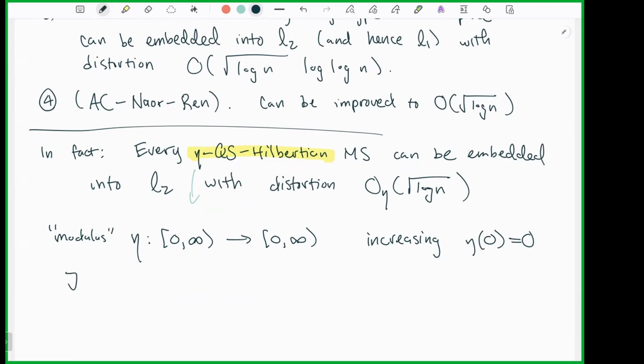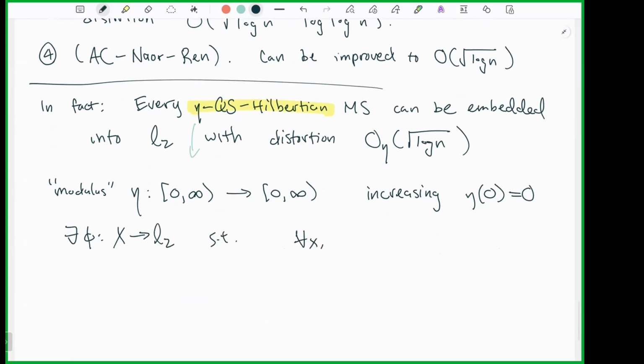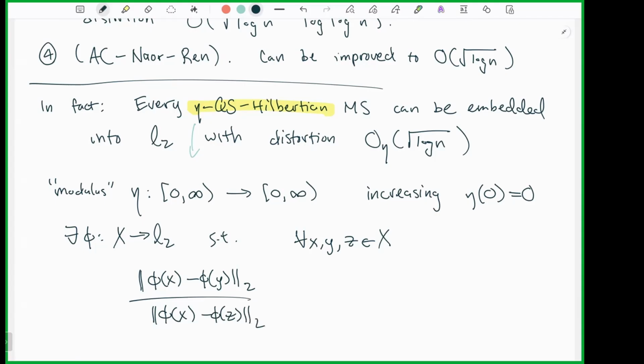So this means there exists a map phi from X into L2 such that, for triples of points x, y, z, if you compare the ratio of distances in the image, ||phi(x) - phi(y)|| to ||phi(x) - phi(z)||, to the same ratio in the domain, there is an inequality that relates them in terms of this modulus eta.